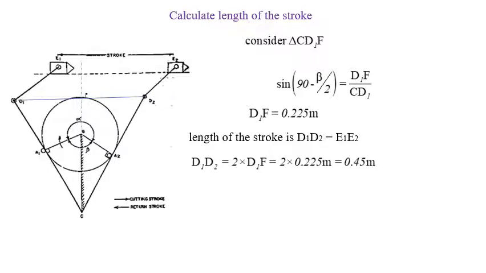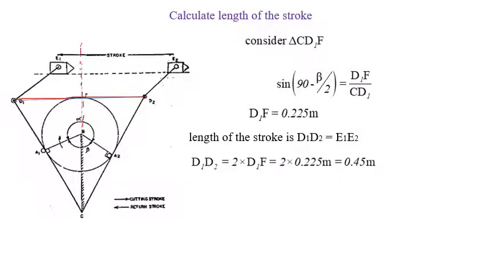The last one, calculate the length of the stroke. In order to find the length of the stroke, I will connect D1 to D2 by a continuous line like this. Then I will extend the point B like this.